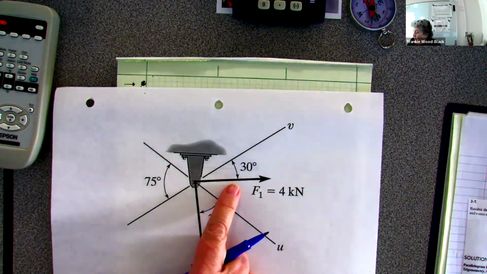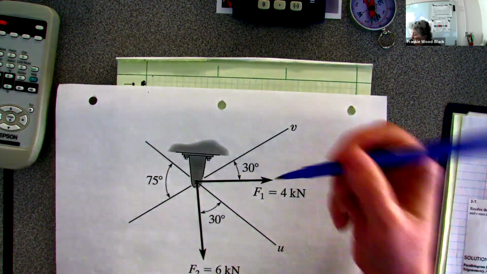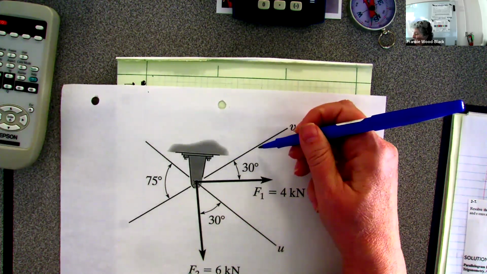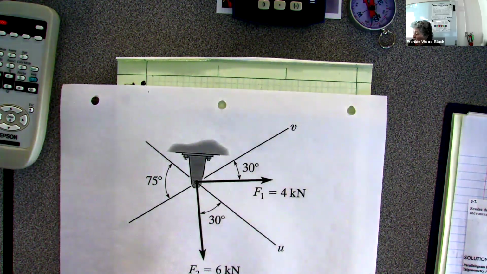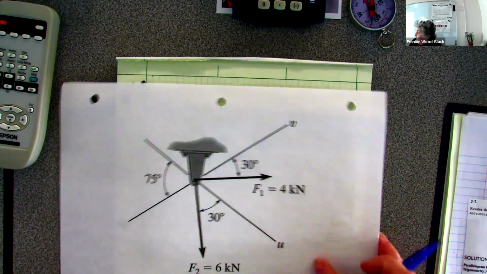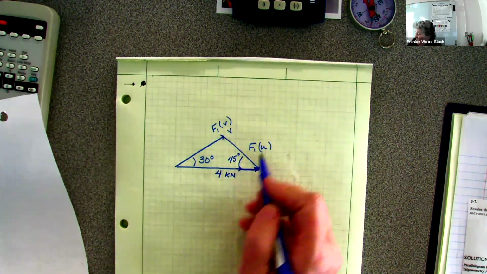So what we did is we took this one and did its projection onto the U axis and then onto the V axis. And so now you get this vector here.